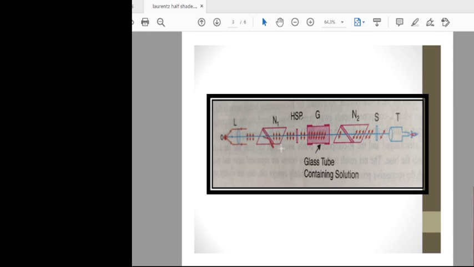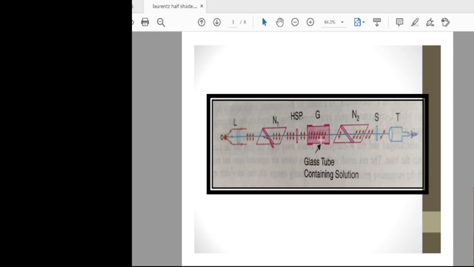It is cemented, this calcite crystal. And again here HSP, we can say half shade plate, and through this half shade plate the ray travels through a glass tube. This glass tube contains a solution.